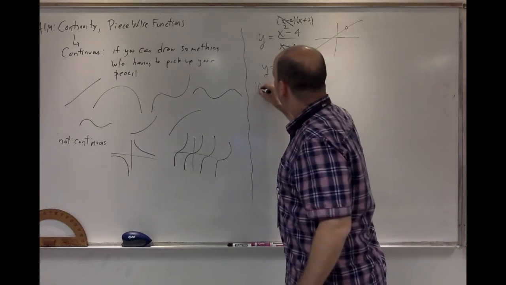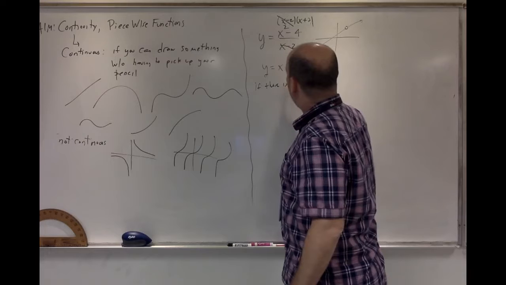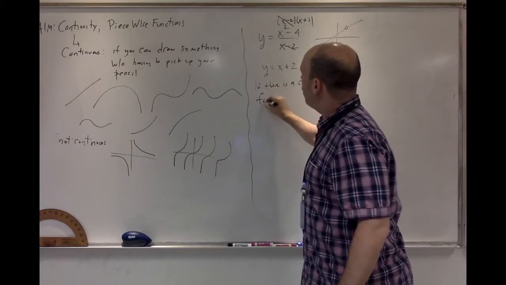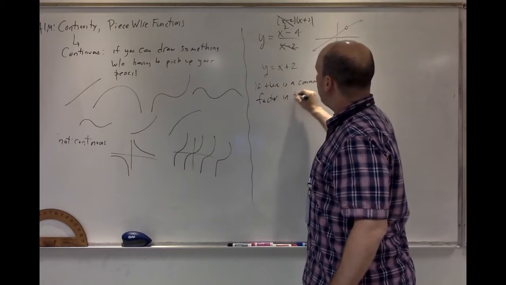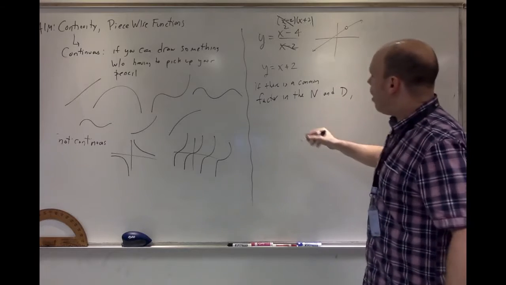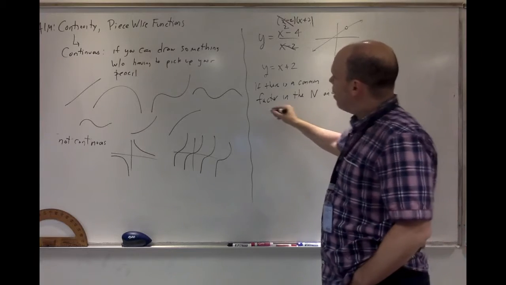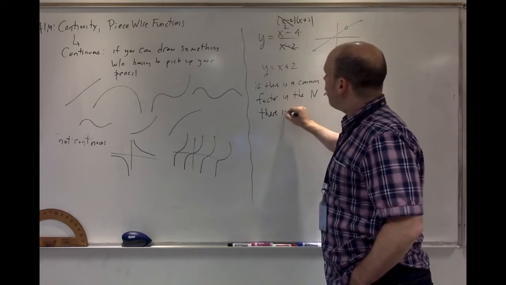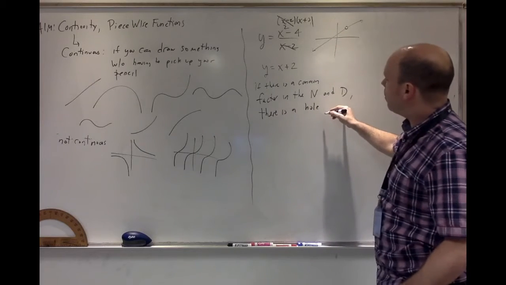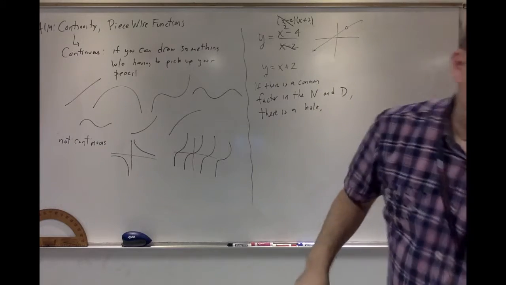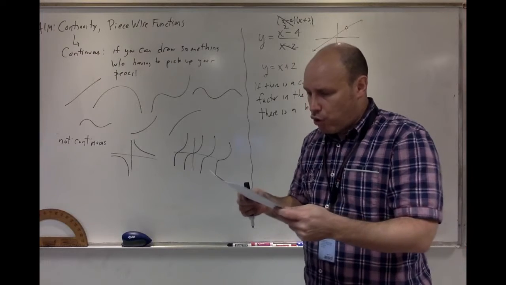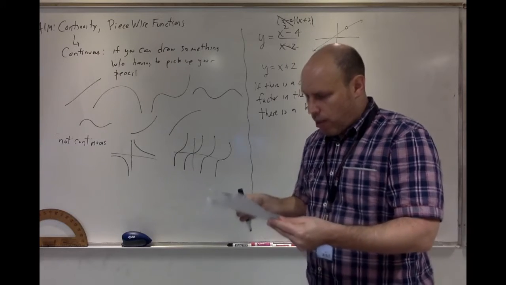So if there is a common factor in the numerator and denominator, there is a hole. So that's one form of a discontinuity. You can try it on your own.